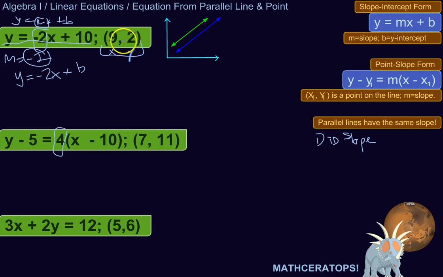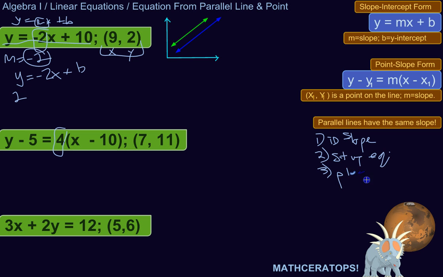If this point is on my new line, then if I plug in x and y into this equation, it has to be true. So I'm going to plug in this x and y. The y here is 2. So step 2, set up the equation as best you can.